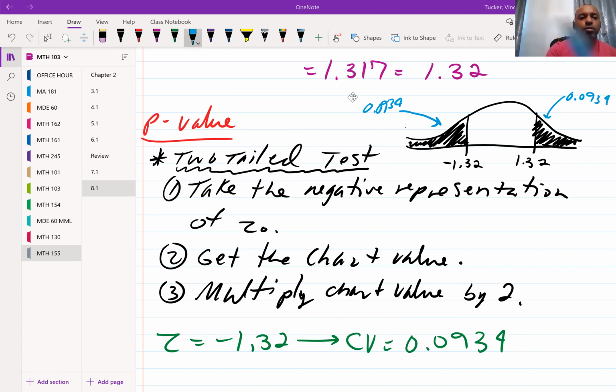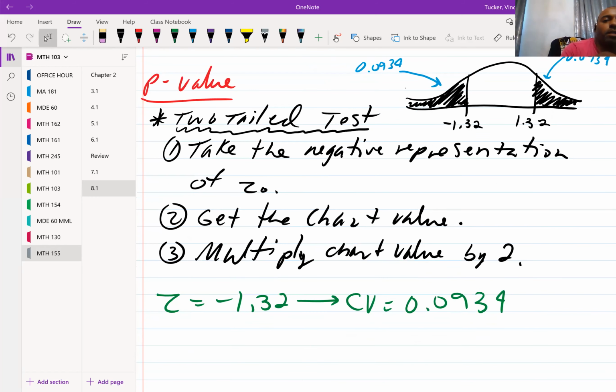So we had to make a diagram of your two-tailed test and the p-value. That's how it would look. So that test statistic of 1.32, you would do the positive and the negative. And so the chart gives you this 0.0934, but then there's also 0.0934 on the right side of the positive 1.32. And so, yep, let's multiply that by 2.